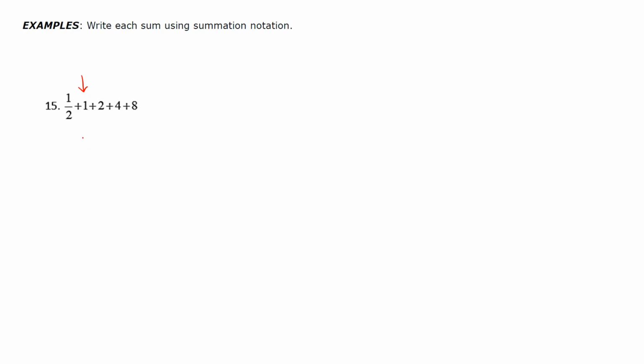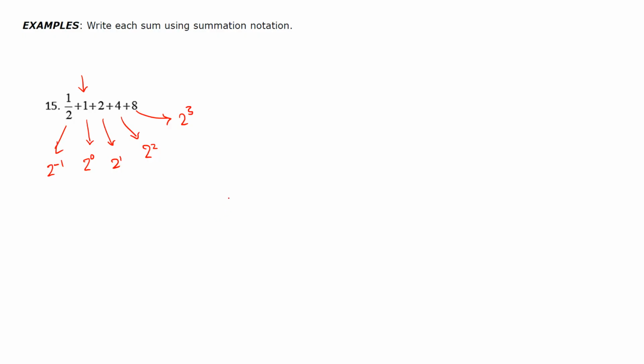So I know 1 would be 2 to the 0, and then 2 would be 2 to the first power, 4 would be 2 squared, and then 8 would be 2 to the third power. So 1/2, negative exponents. So this would be 2 to the negative 1.